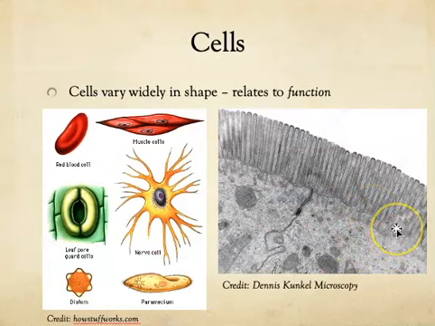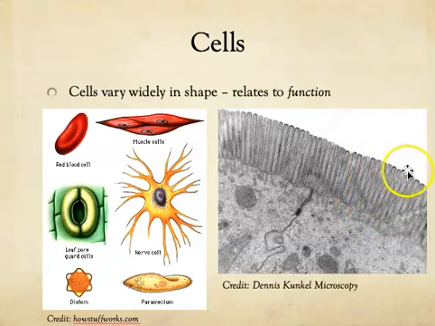So under an electron microscope, we are able to see some of the very specific structural components of these animal cells. These cells happen to be the kinds of cells that line the intestine. And as you can see, they have these very regular, very elongated, finger-like projections of membrane coming off the surface.